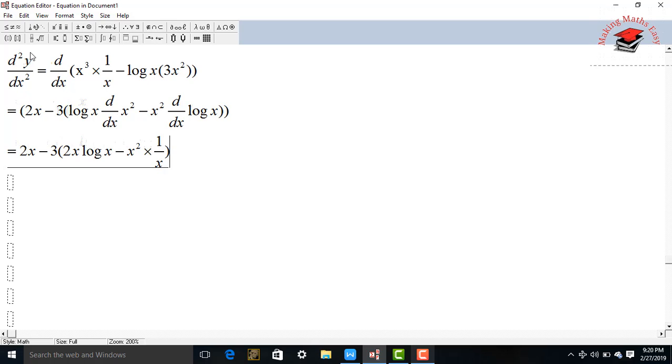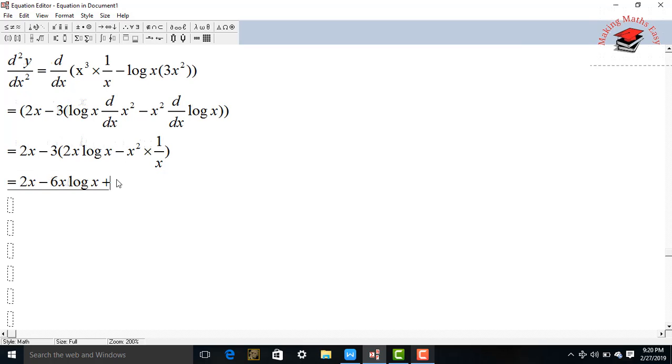x, a single x. So the 3 which I have taken as common, I will multiply inside the bracket. So the function I will get over here will be 2x minus 3. 3 into 2 gives me 6, so it will be 6x log x minus, sorry, not minus, plus, because here it is a minus sign and here it is a minus sign, so minus minus become equal to plus.